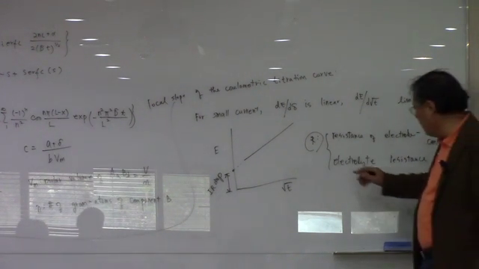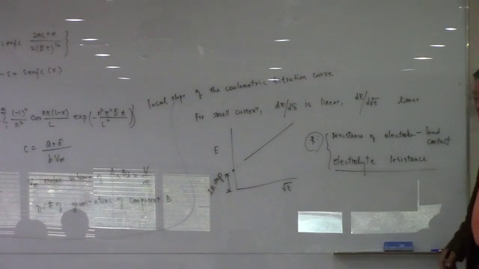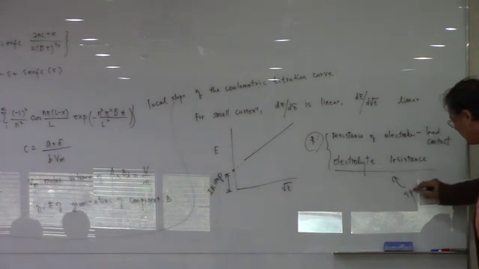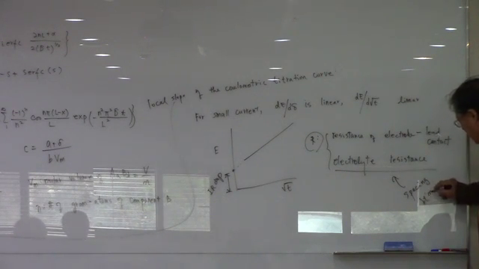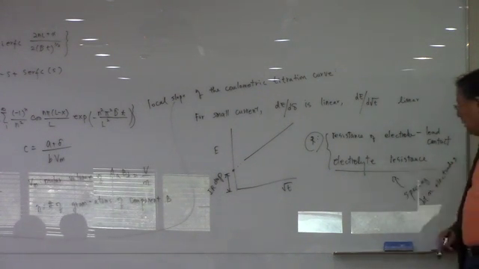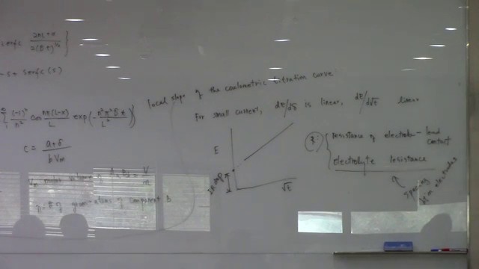So maybe this electrolyte resistance is related with the spacing between electrodes. Okay, it's going to be related with the electrolyte resistance, and that is the contact resistance.